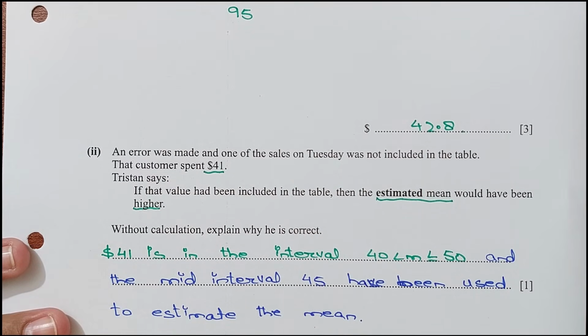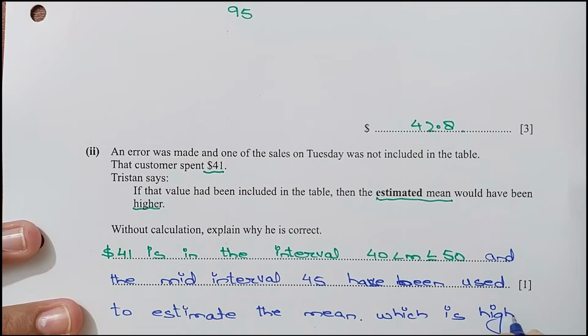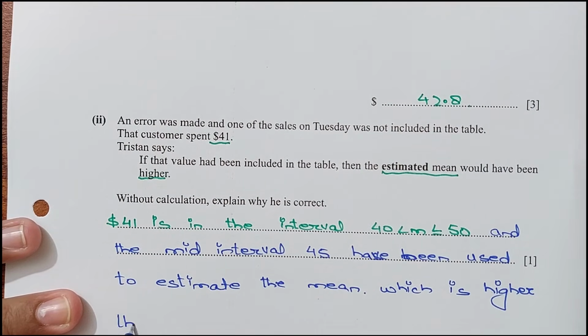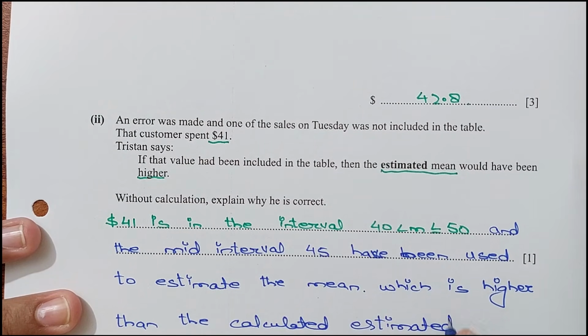Which is higher than the estimated mean, because one more value is added, which is higher than the calculated estimated mean.